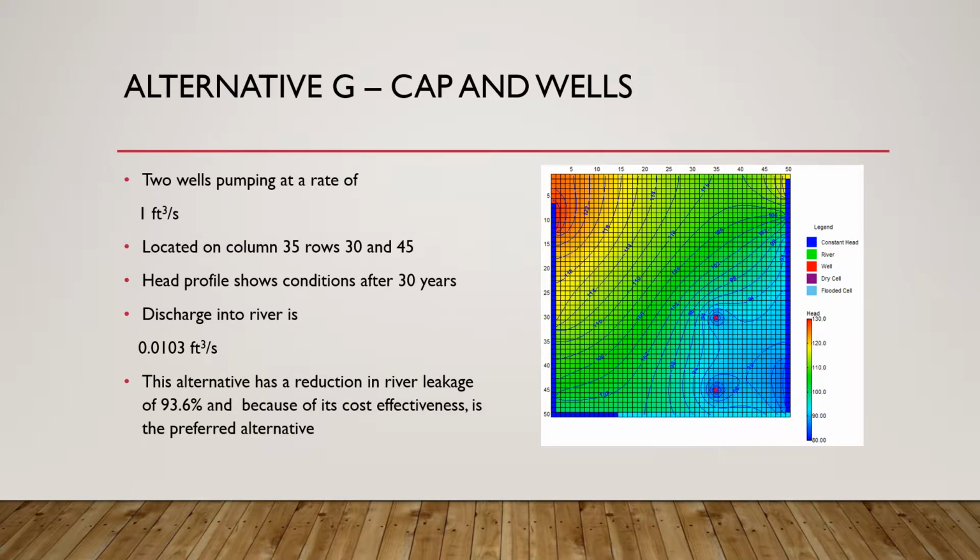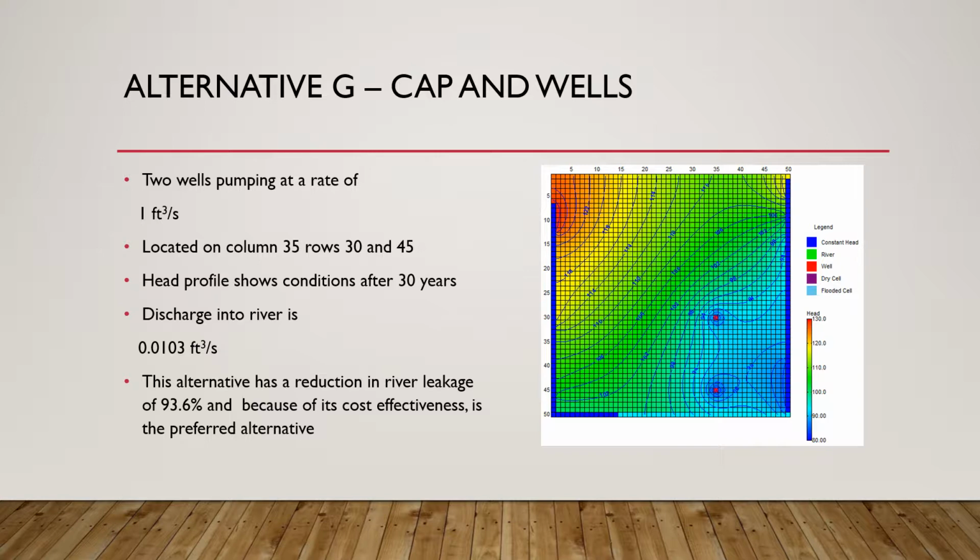For the last alternative, alternative G, cap and wells. There are two wells pumping at a rate of 1 cubic feet per second. It is located on column 35, rows 30 and 45. As we see to the picture on the right, head profile shows conditions after 30 years.